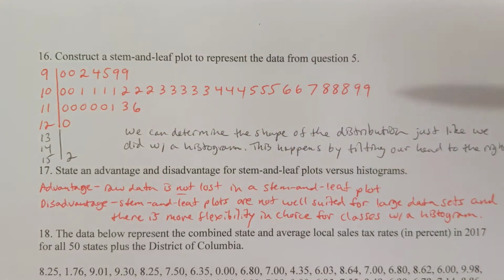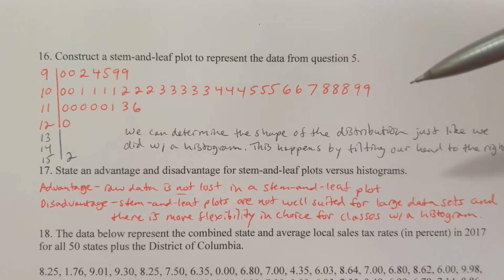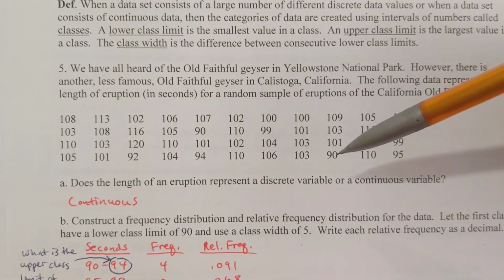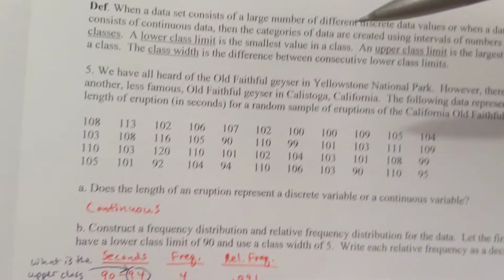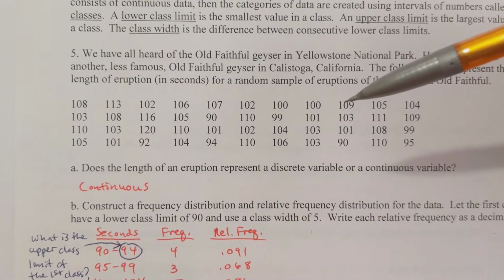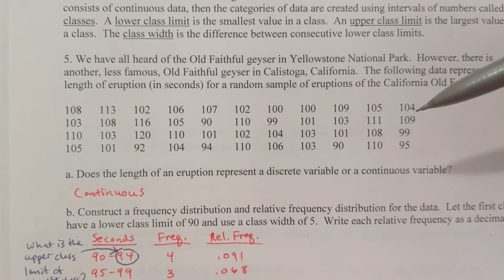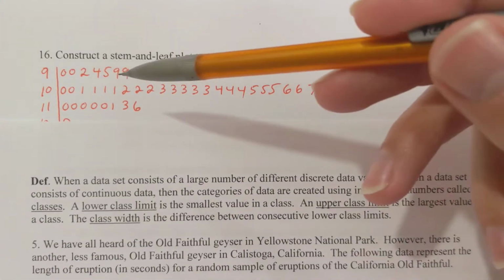Now the next thing I need to do is arrange all the leaves. Those are all the rightmost digits that I was ignoring. I had 2 90s, so I'd write 2 zeros. Remember I need to go smallest to largest with the leaves. I did not have any 91s. There was a 92, so I write a 2.